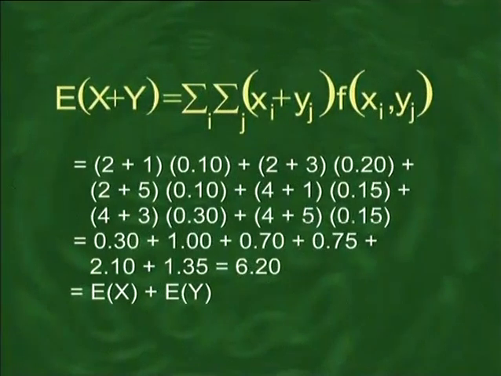And this sum 2 plus 1 is written in the top corner of the first cell. Similarly, we write 2 plus 3, that is 5, 2 plus 5, that is 7, 4 plus 1, 4 plus 3 and 4 plus 5 in the top corners of the other cells.